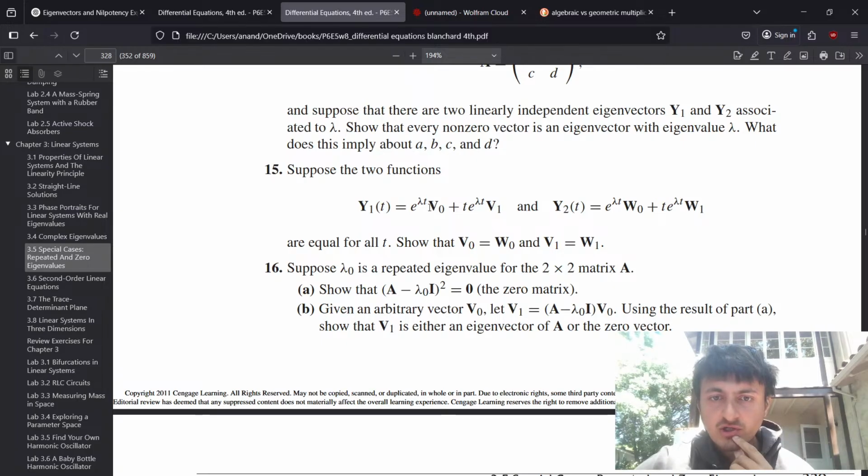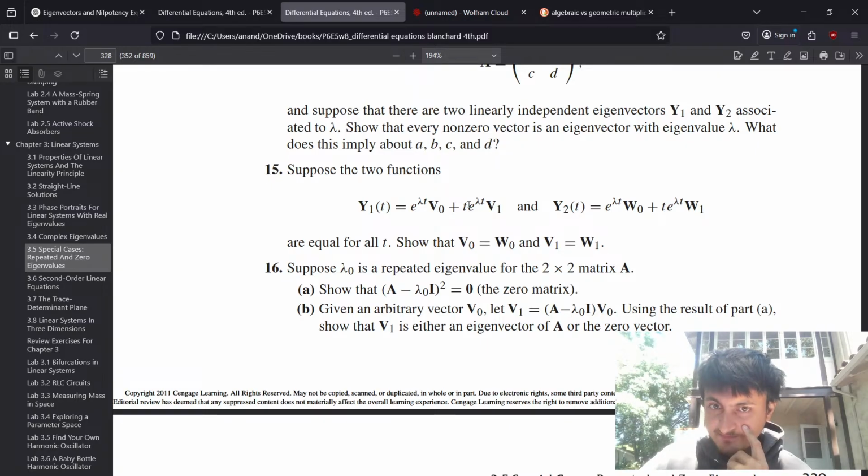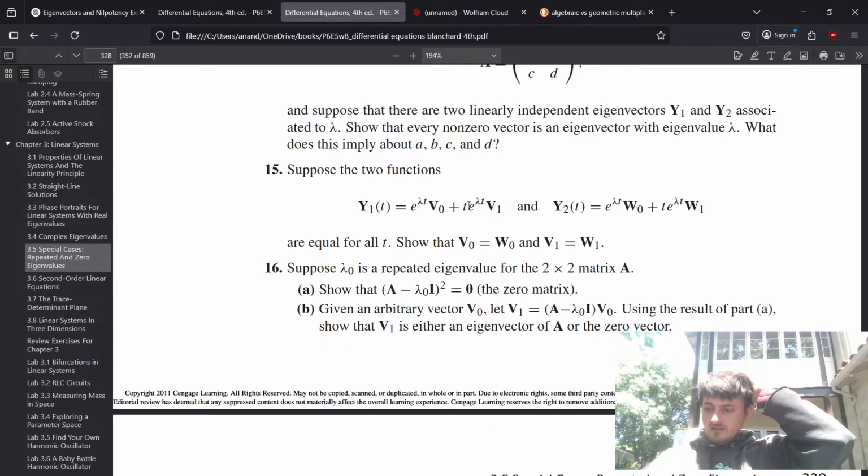Now if you evaluate it at 1, you get e to the lambda v0 plus e to the lambda v1, and the same thing, e to the lambda w0 plus e to the lambda w1.